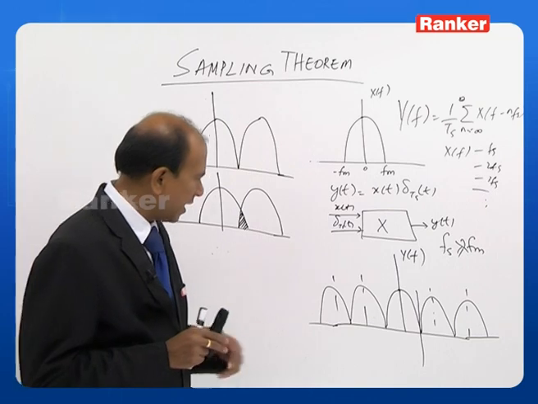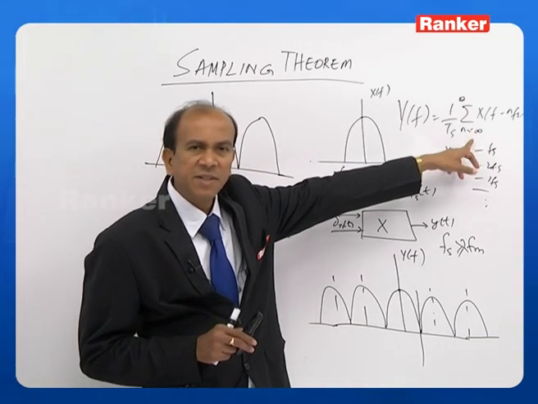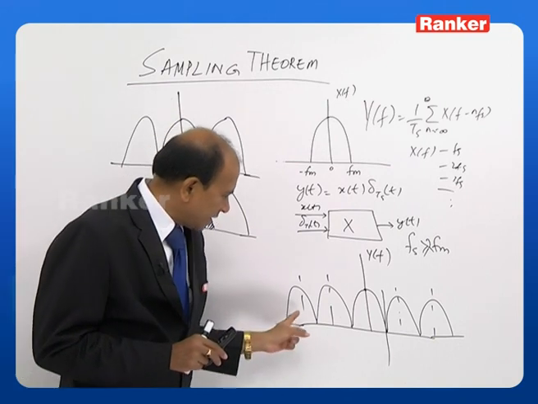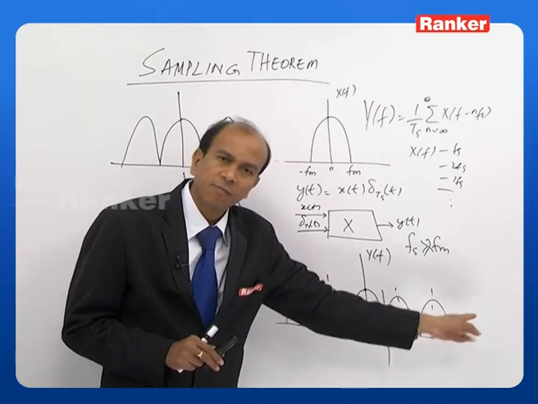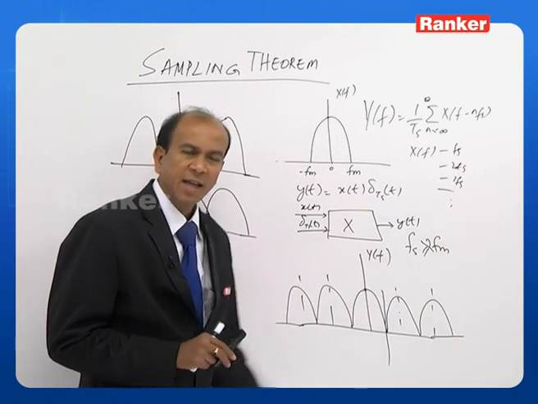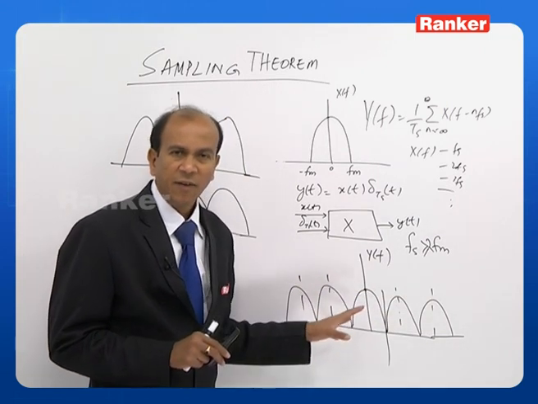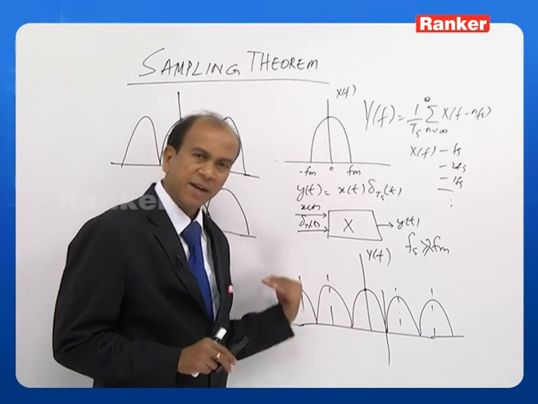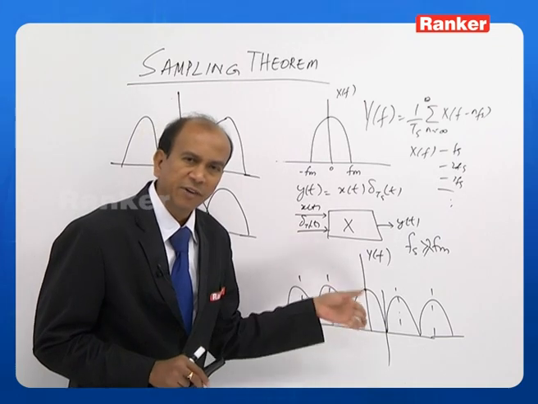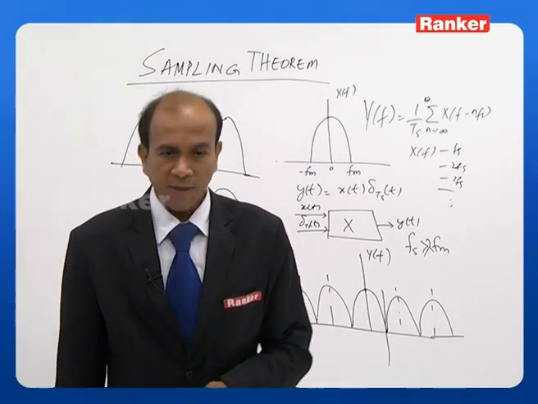So, if we see here, the spectrum is extending from minus infinity to plus infinity. So, if you see here, this is going on. So, the ideal sampling, what should be the bandwidth? The bandwidth is infinity. Okay, because the spectrum is extending from minus infinity to plus infinity, the bandwidth is also equal to infinity.